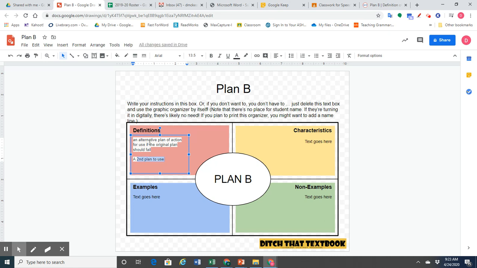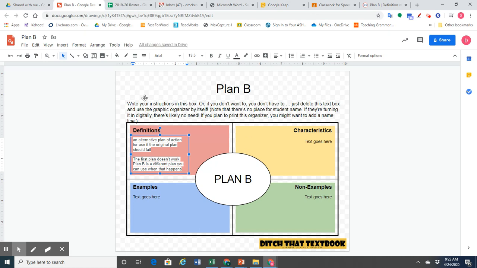Okay, I'm going to actually make it even simpler. I'm going to say the first plan doesn't work. Plan B is a different plan you can use when that happens.